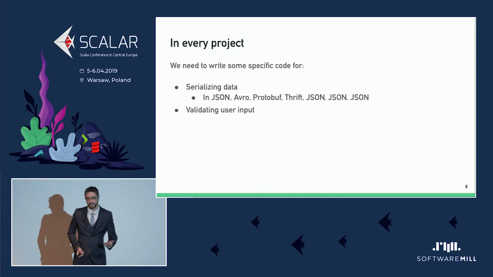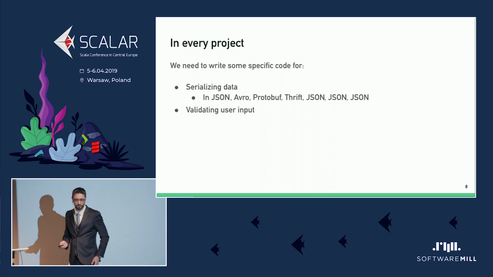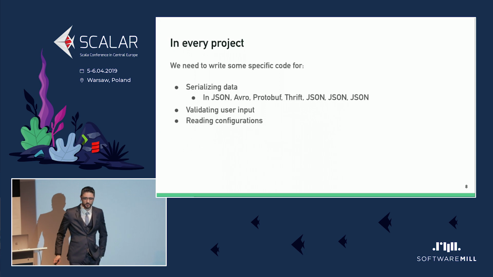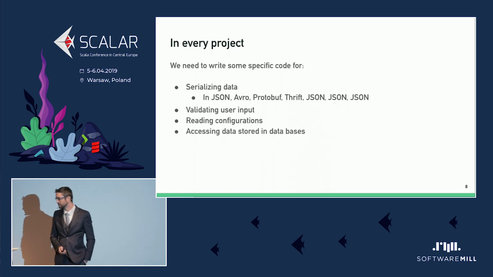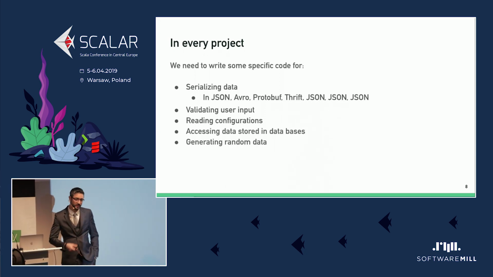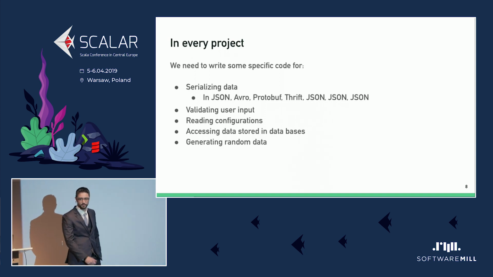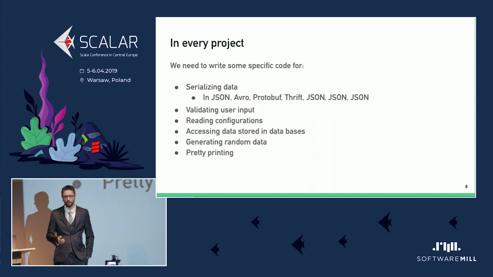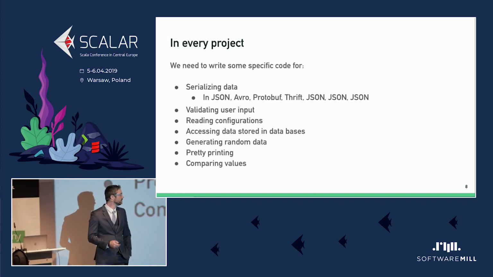We also need to write code to validate our user inputs, or to read configurations, to talk to databases, to, I don't know, generate random data for our property-based tests, or pretty-printing, or comparing values.